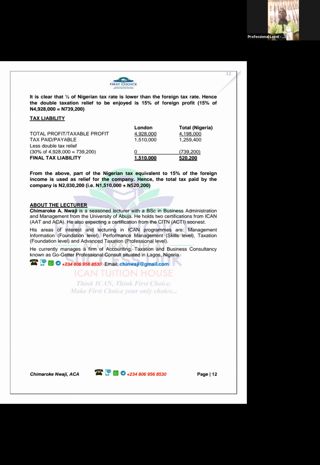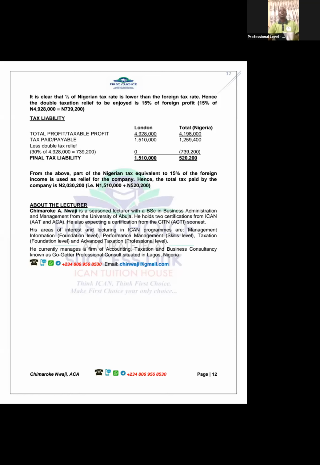No, this is because there is no double taxation agreement. So from the above, the total tax that the company is paying is 2,030,200. That is the total tax they are paying, comprising that of London and that paid in Nigeria. So this is how we will treat double taxation principles.